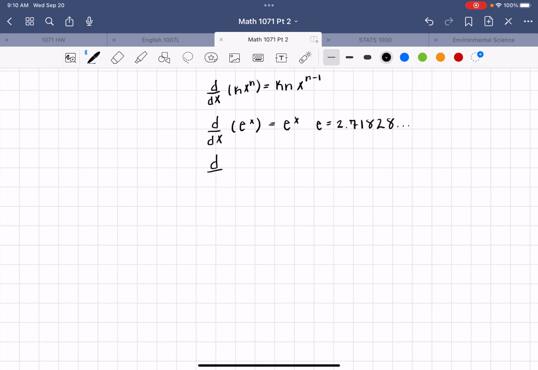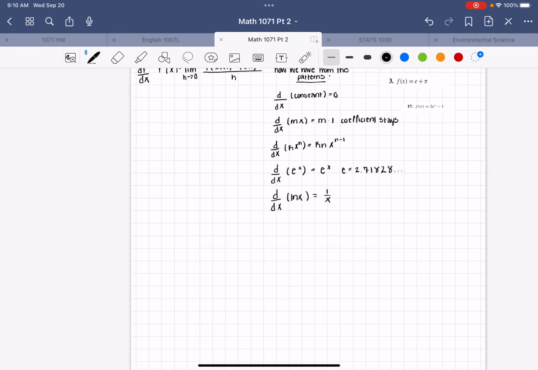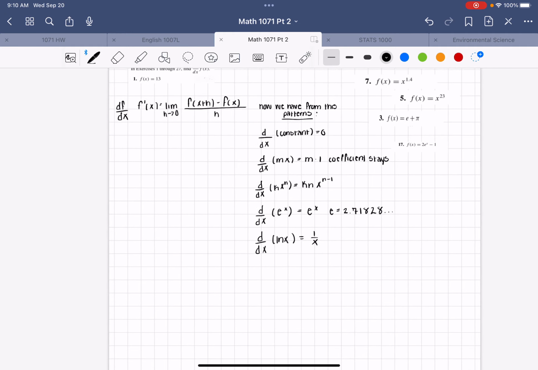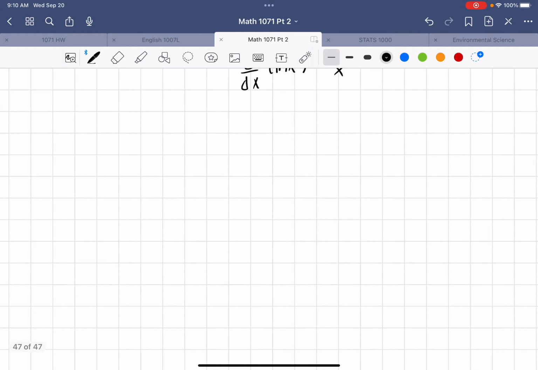Problem 1. F of x is 13. That's that pattern. 13, it's not 13x, it's just 13. It's just a constant, in which case f prime is 0. Another way to look at it.